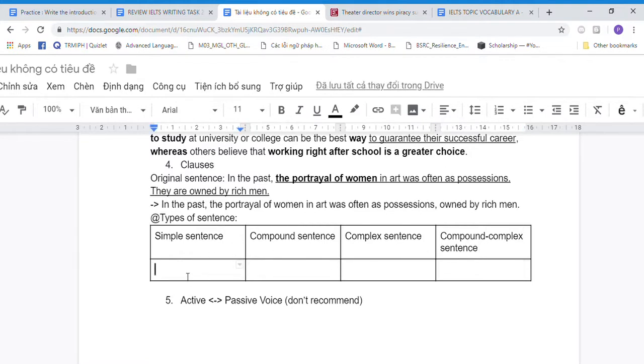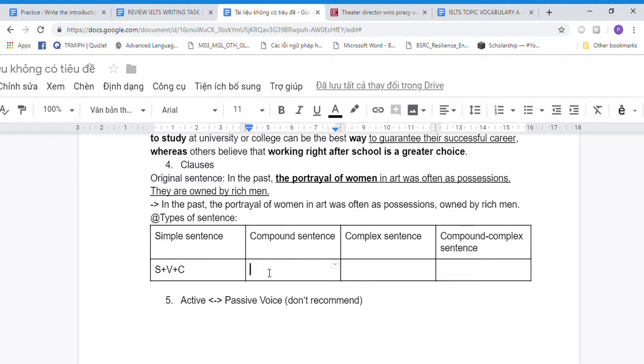So the simple sentence has the structure like this: S, V, and C, where S stands for subject, V stands for verb, and C stands for complement part.